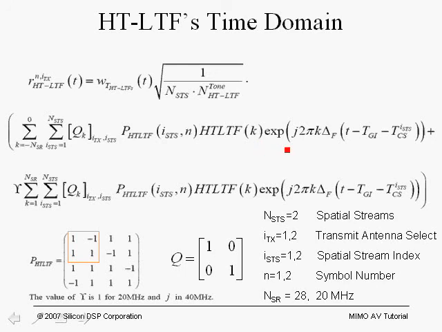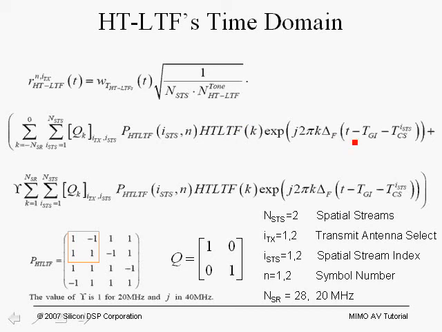And of course, we have the exponential designating the carrier, and this is the amplitude of the carrier. For each carrier, we know that the carriers are spaced apart at delta sub f, where delta sub f is equal to 312.5 kilohertz in the case of 11n. So K picks out a carrier plus its amplitude.